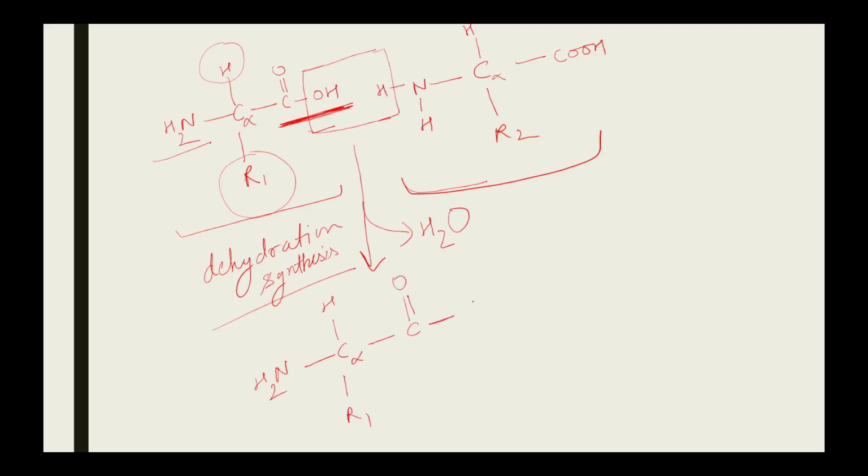So this carbonyl carbon is now added to this nitrogen. This C-N bond formation takes place, which is a covalent bond. In this structure, it is nothing but an amino group, and this carbon takes the position of the hydrogen which is removed from the amino group.